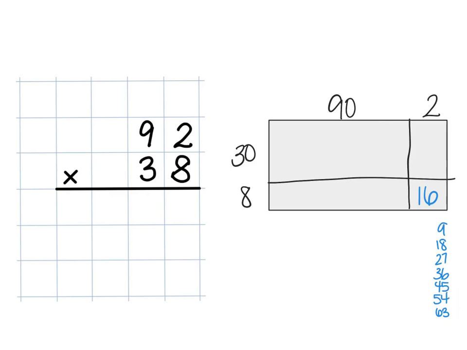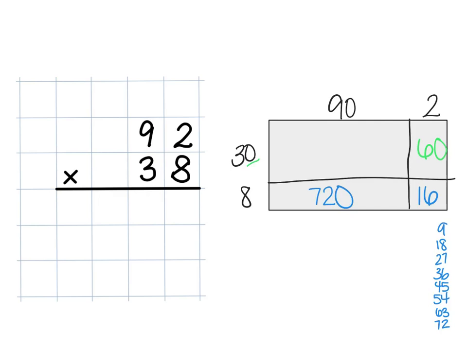One more. 72. So 9 times 8 is 72. Plus we need to add this 0 from the 90. 720. Next, we will look at 2 times 30. 2 times 3 is 6. And we add our 0 from the 30, which makes 60.